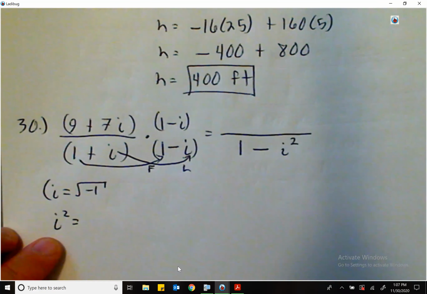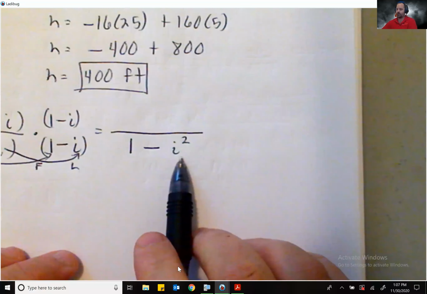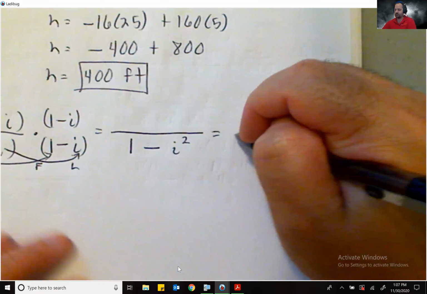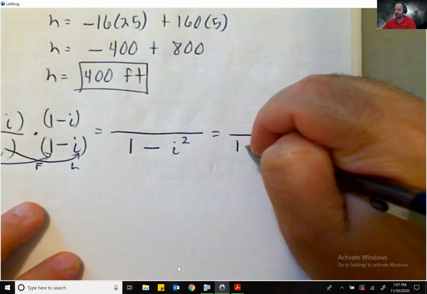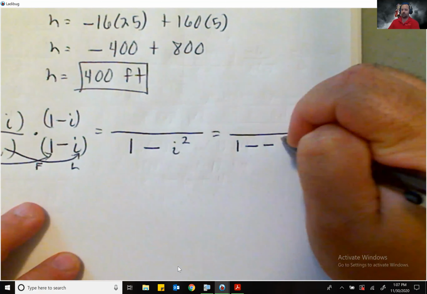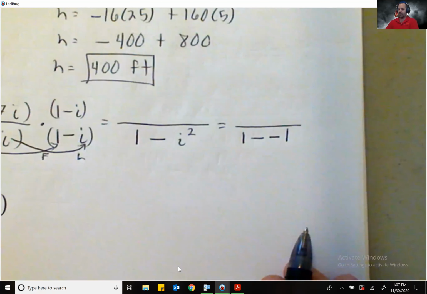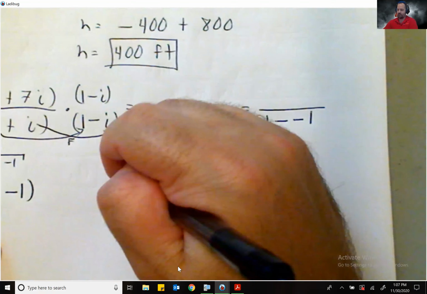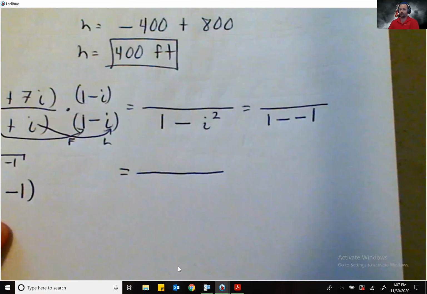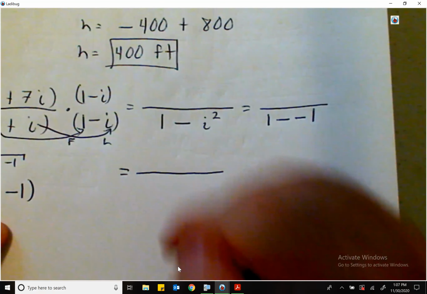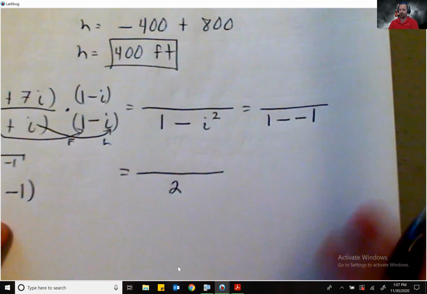Negative 1. Yay. So this i squared is really going to turn into 1 minus a negative 1, which in the end gives us what for the denominator? 2.